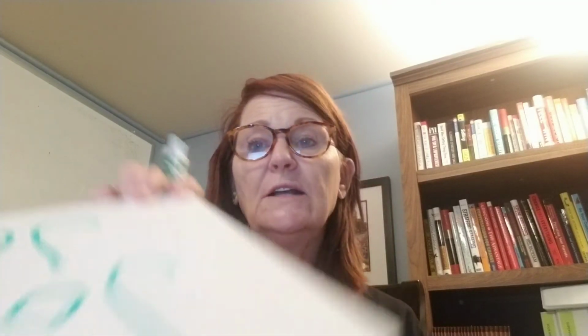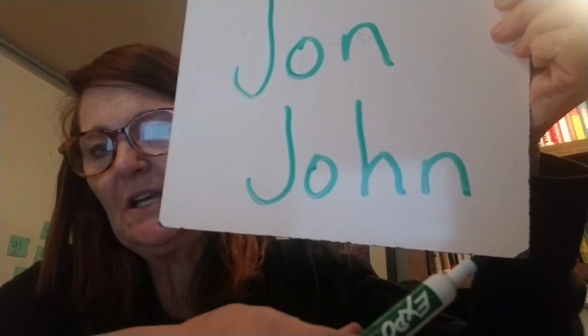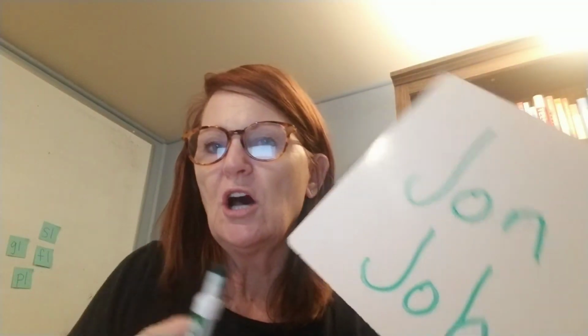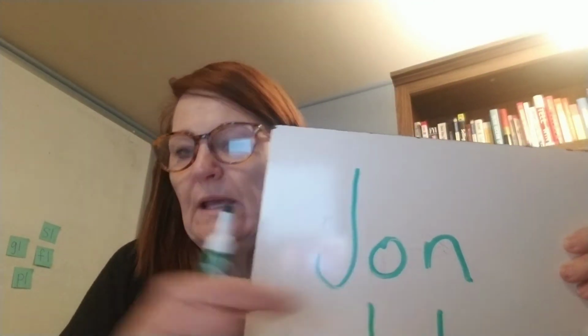Now, some of you might know somebody named John, and I think it's interesting that John has two ways you can spell his name. So if you know somebody named John, or like John in the Bible, we sometimes spell it J-O-H-N. And when we have a Bible verse or we look in the Bible, John was spelled like that. But there's another way of spelling John, J-O-N, on today's paper, and that's fine too.